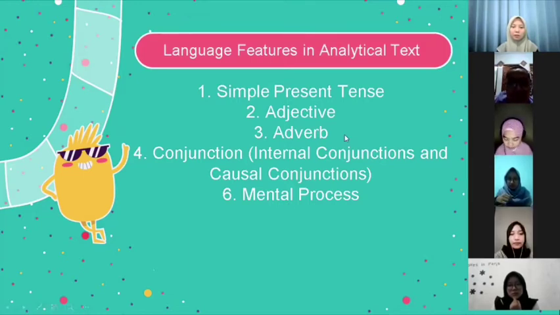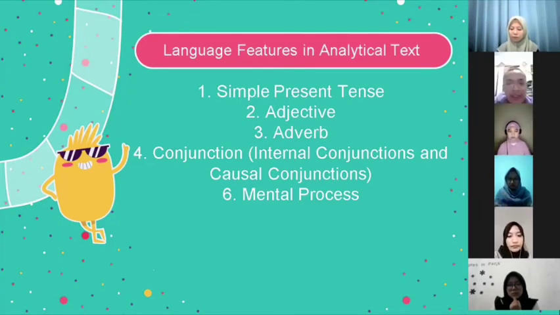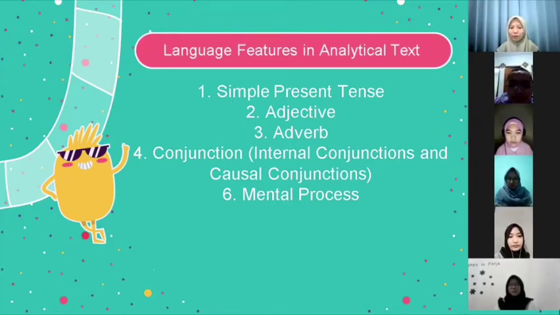Number 4 is internal conjunction, a word that connects arguments between two clauses such as in addition, but, on the other hand, so, and etc. Number 5 is causal conjunction, to explain the cause and effect such as as a result, because, by, consequently, and etc. Number 6 is mental process.